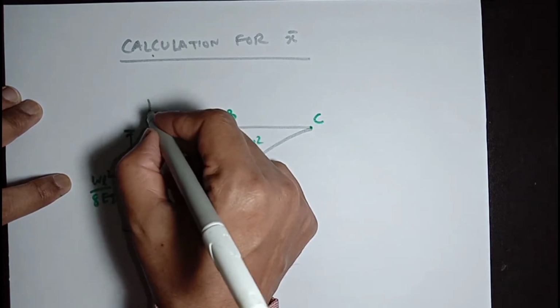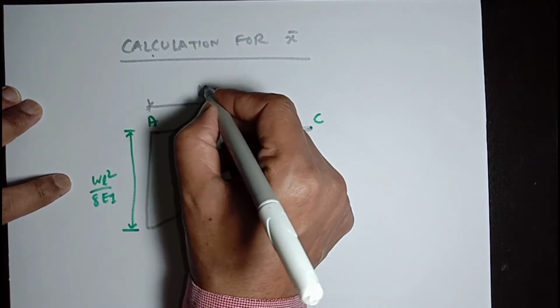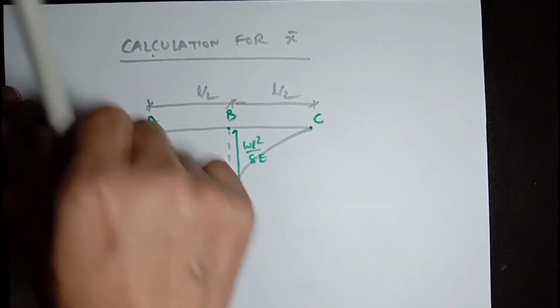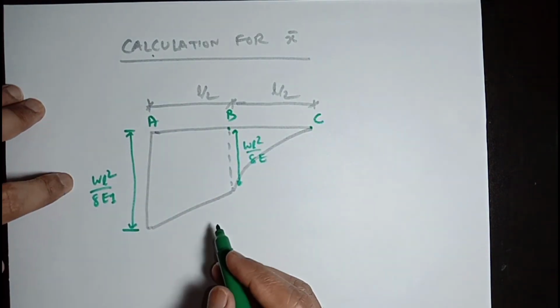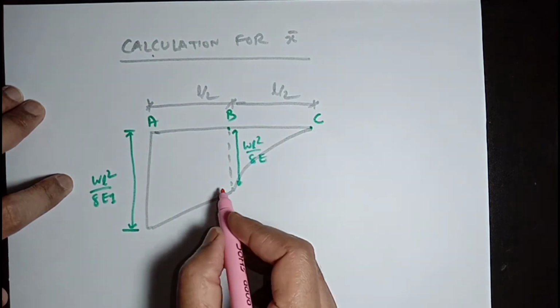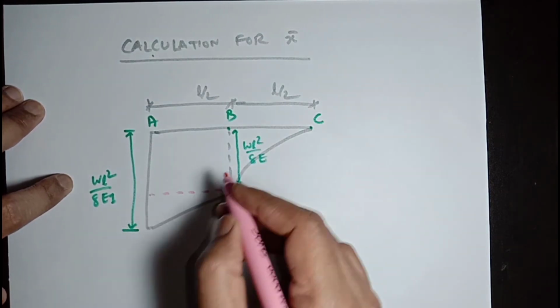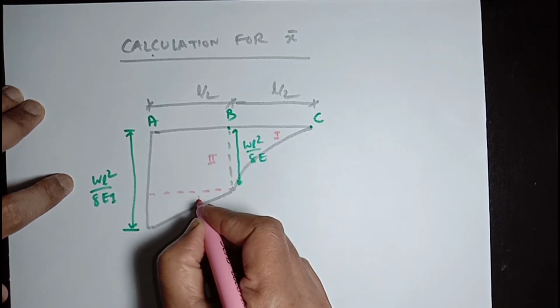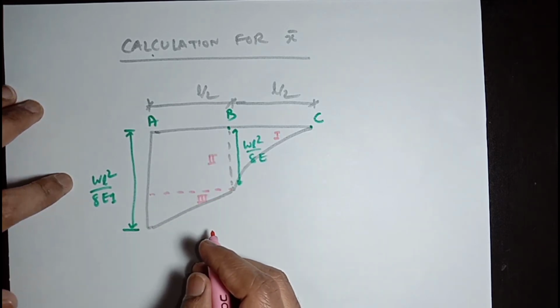This length is L by 2, and remaining length is L by 2, and we have divided this M over EI diagram in 3 regions. This is the first region, this is the second region, and this is the third region.